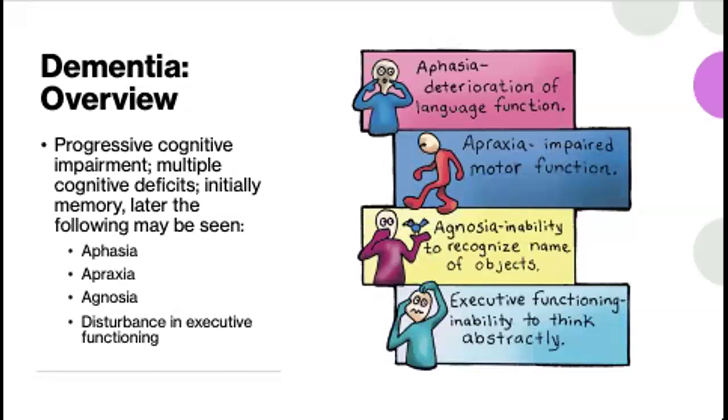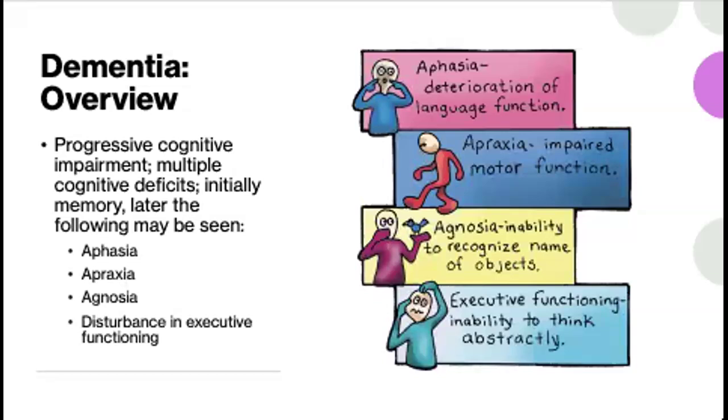Again, your dementia versus delirium. Dementia is distinguished from delirium as its symptoms are persistent even after the delirium has cleared. Dementia is long-standing. Delirium is that quick onset of symptoms, but as soon as we fix the underlying cause, it's better.